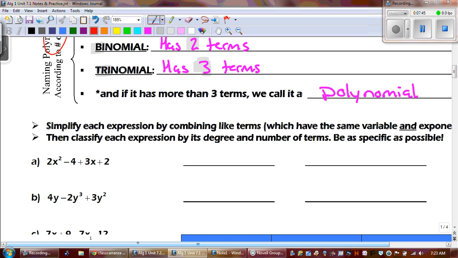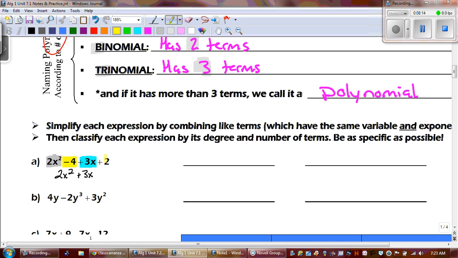All right. So the first thing I want to do is find like terms and put them in standard form. Is there anything else with an exponent of 2? No. Okay, so there's no like term. Next, I'm looking for anything with just a variable, and there's nothing else, so that stays the same.